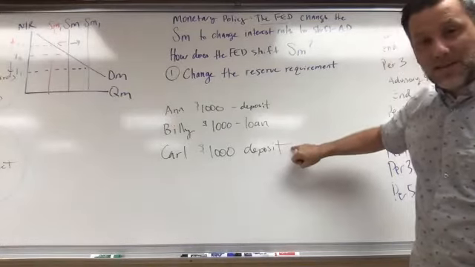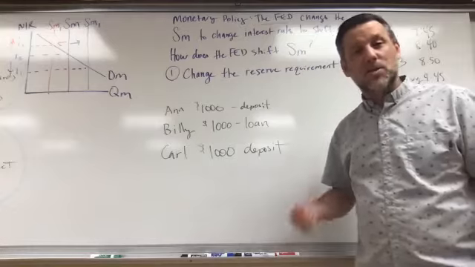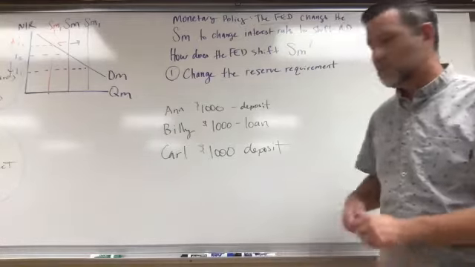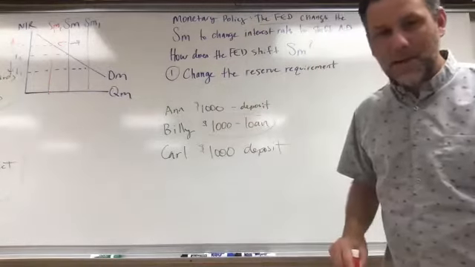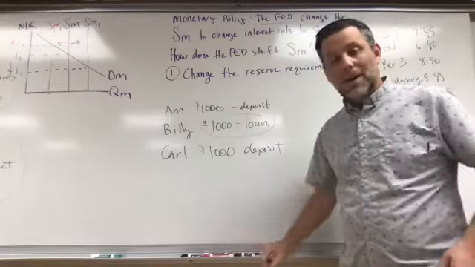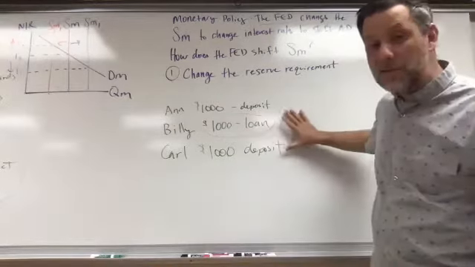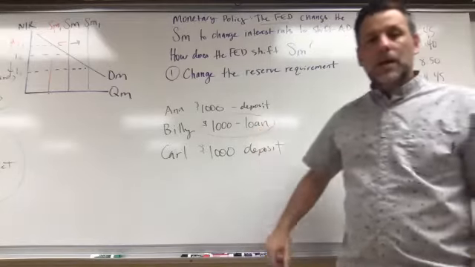Carl's got $1,000 in his account. That's M1. How did this happen? How did $1,000 turn into $2,000? The answer is with Billy, that when banks make loans, they create money. And so in this economy, we have $2,000 of M1 because of the loan that was made.